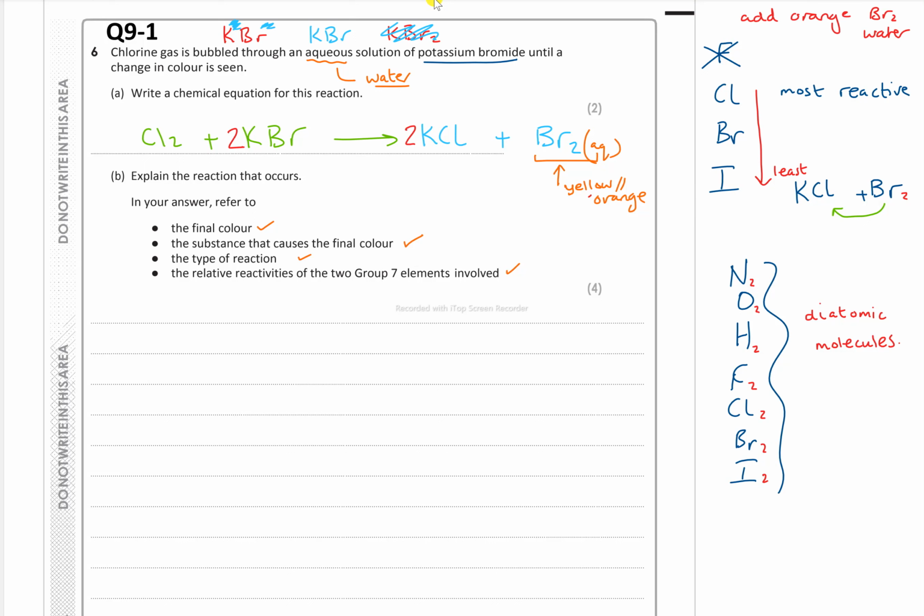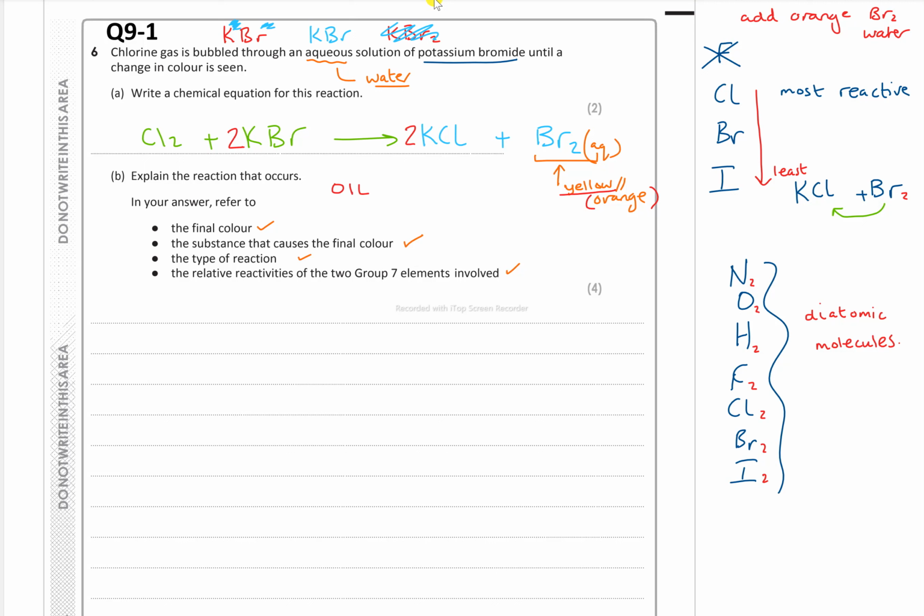So we could put that the solution is going to be orange in color. A light orange can be mistaken for a yellow, so it depends on the concentration, I think. So they'll allow you to get away with yellow. Right, what's causing that is the bromine. What sort of reaction is it? It's a displacement reaction or a redox reaction, because something's gaining.